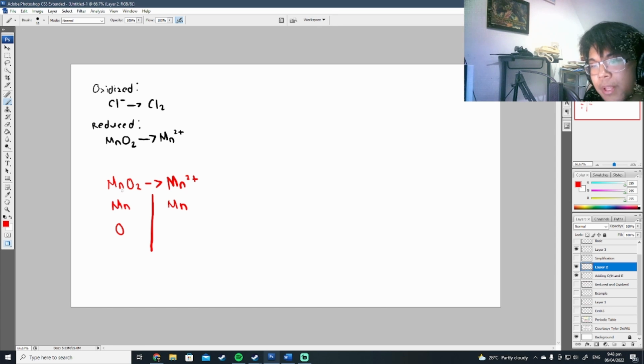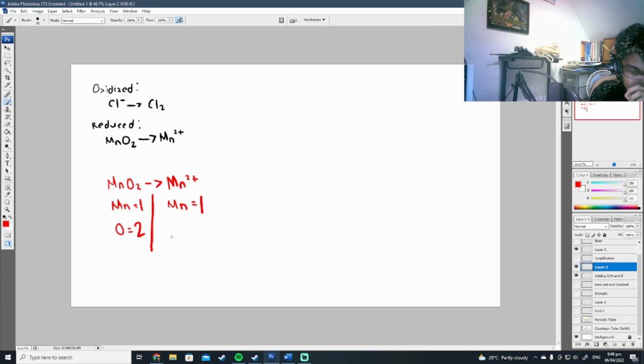So how many manganese do we have? Do not mistake this for oxidation number. What I'm asking is how many manganese and how many oxygens we have. We only have 1 manganese and 2 oxygens on this side, and only 1 manganese on the other side.